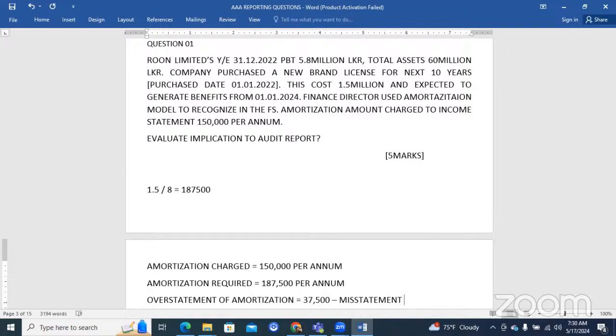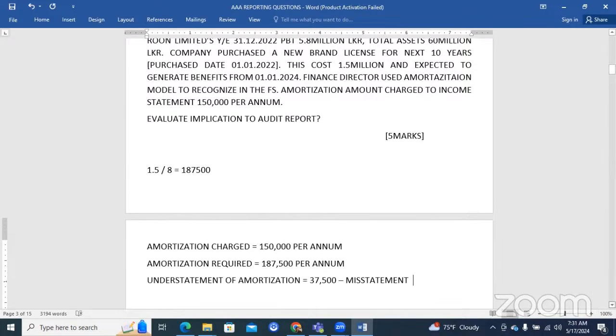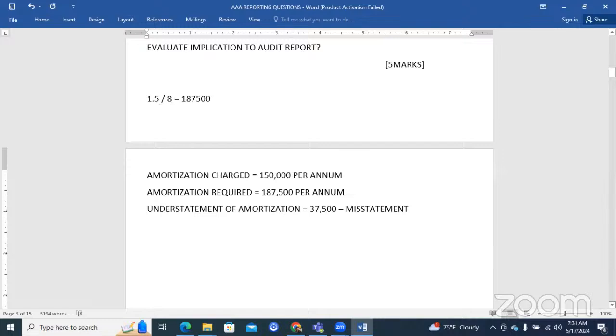The amortization is understated, not overstated. So the understatement of amortization is 37,500. So that is the issue.